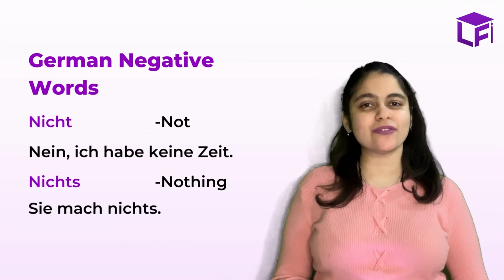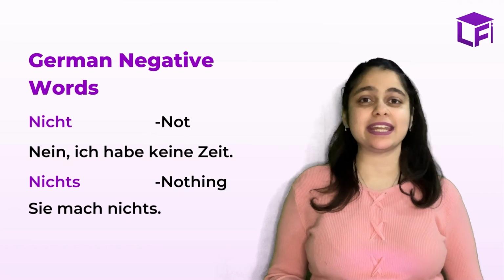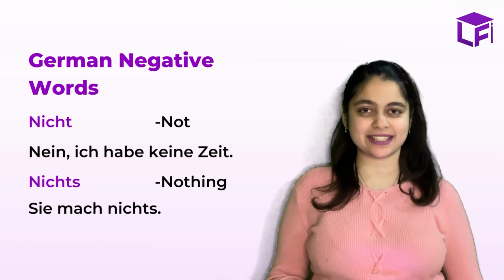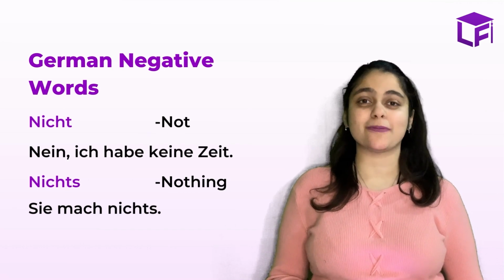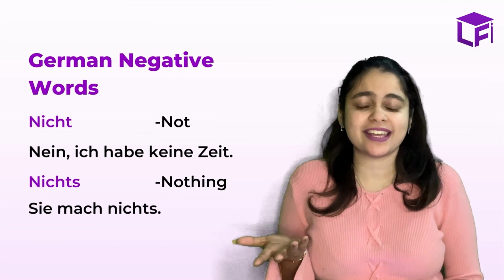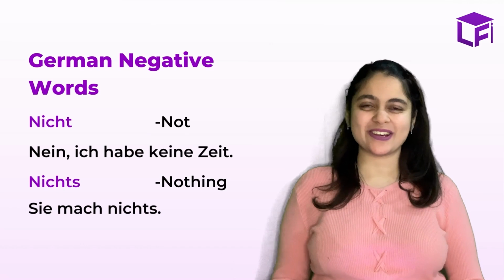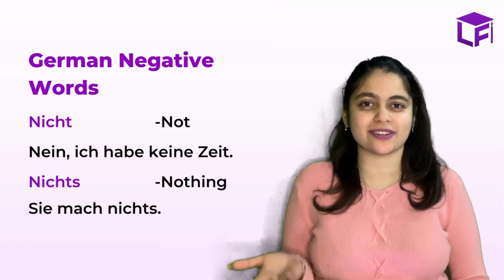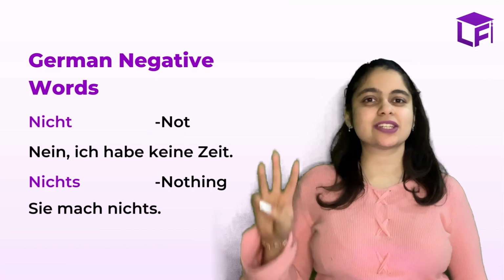Okay, moving to the second negative. The second one for us is nichts. Nichts means nothing. And the Beispiel for the same says, Sie macht nichts. This means she does nothing. She does nothing about a particular situation, maybe. Alright, moving to the third negative.